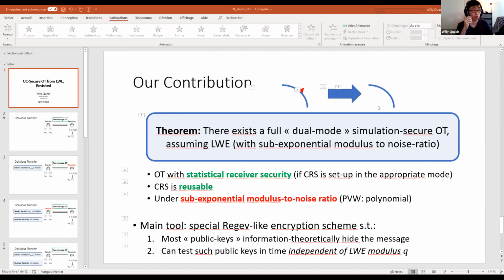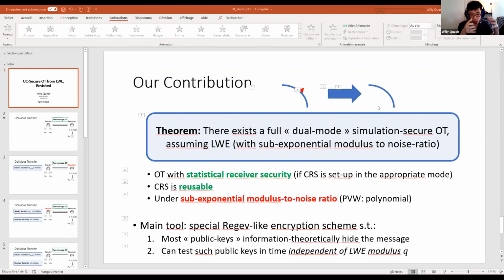And just to give a very quick two-liner about what we use to build such an OT, the main primitive that we have to build as an intermediary step is a special kind of encryption scheme from LWE, where public keys are sparse. So there are very few valid public keys.